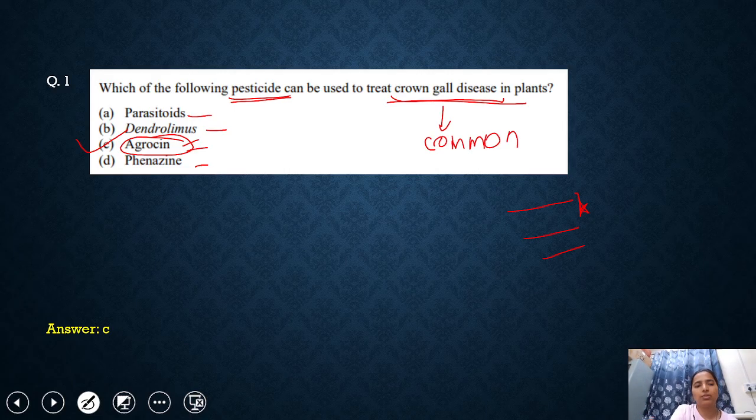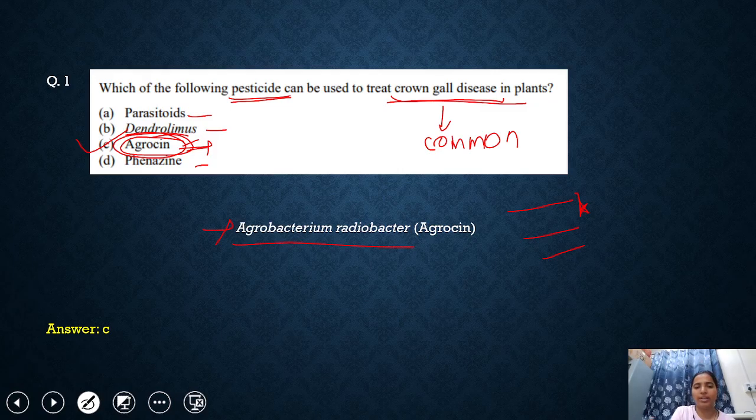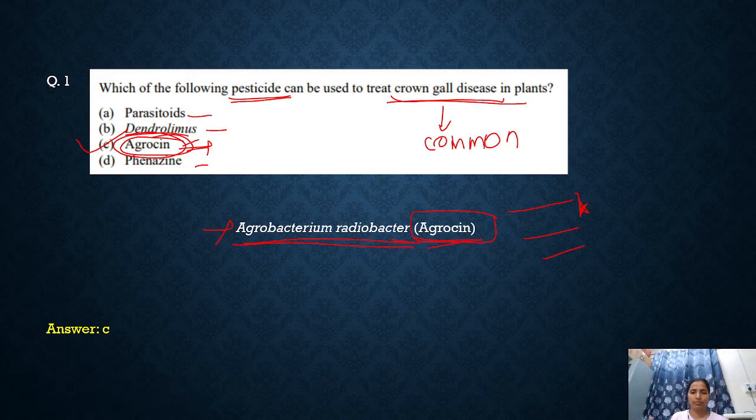Like this agrocin, which is mainly from Agrobacterium radiobacter. This is the microorganism that is used for agrocin.